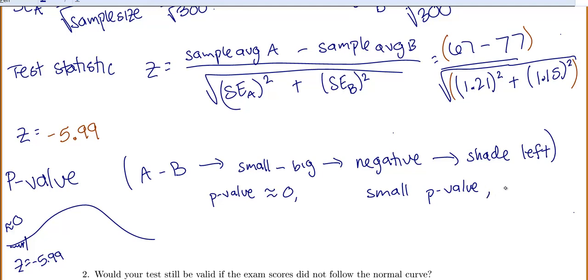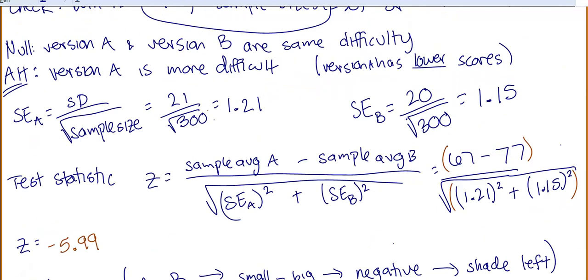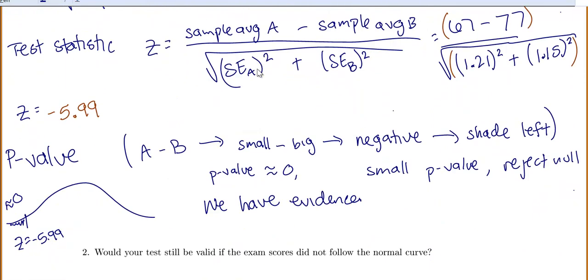Because it's a small p-value, I will reject my null. Just like everything else we do, we follow the same steps. So small p-value, reject the null, and now we have evidence for the alternative. So we have evidence that version A is more difficult.